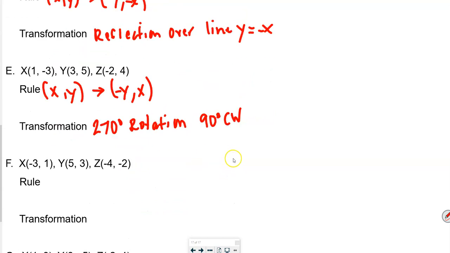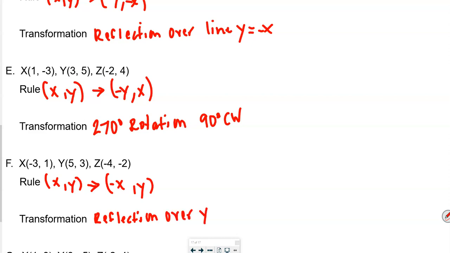All right, F says negative 3, 1. Okay, so that's the same order. So we're going to say x comma y. This becomes x, y, but what sign changed? The first sign changed. Okay, so if we change the x, where did we reflect over? We reflected over the y-axis, right? Okay.